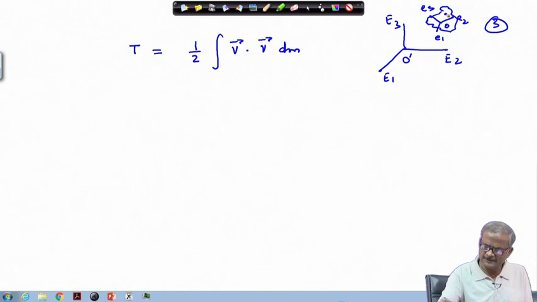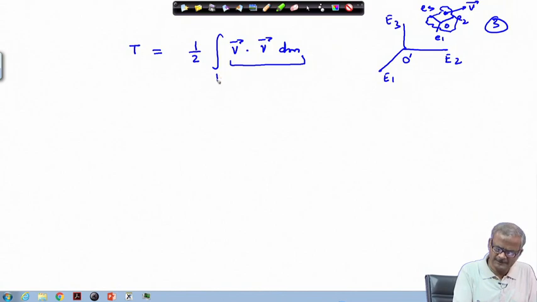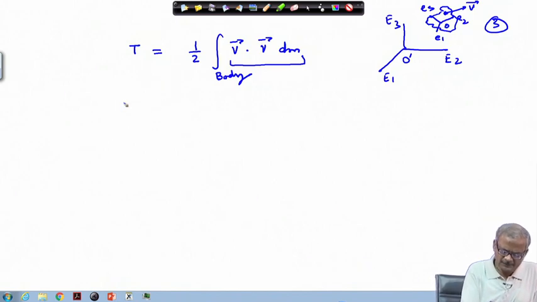Some particle is there and the velocity of this particle is v, and this particle mass is delta m. So, the kinetic energy can be written like this. 1 by 2 times this term gives you the kinetic energy of this small particle. So, we integrate it over the whole body, and we get the kinetic energy of the body.